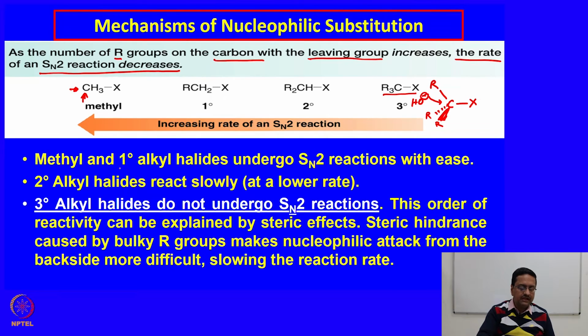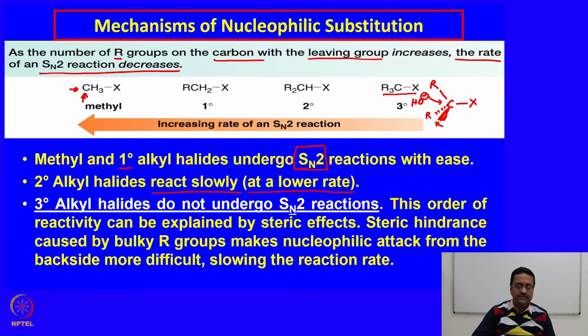That is why methyl and 1 degree alkyl halides undergo SN2 reaction readily. 2 degree alkyl halides react slowly, that means at a slower rate. Sometimes you may have to do the reaction for several hours at a higher temperature to facilitate the reaction. 3 degree alkyl halides do not undergo SN2 reactions.